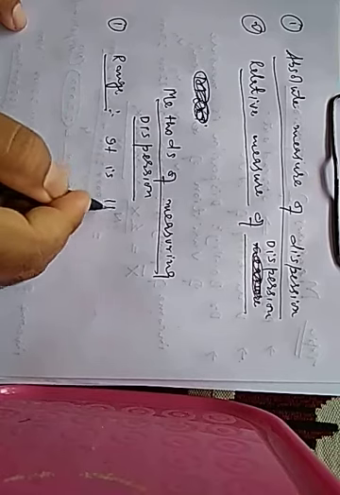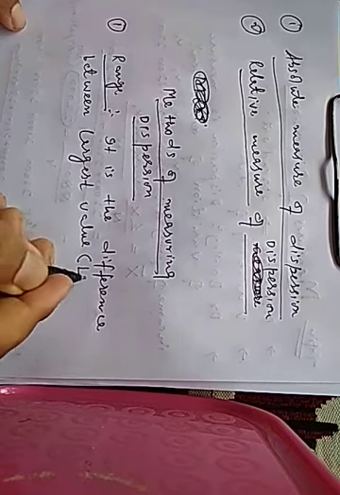What is range? It is the difference between largest value, denoted by L, and smallest value, denoted by S. Or we can say it is the difference between highest value and lowest value.